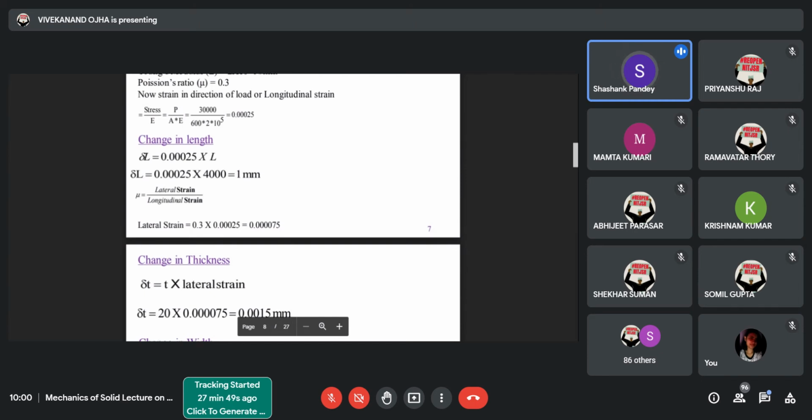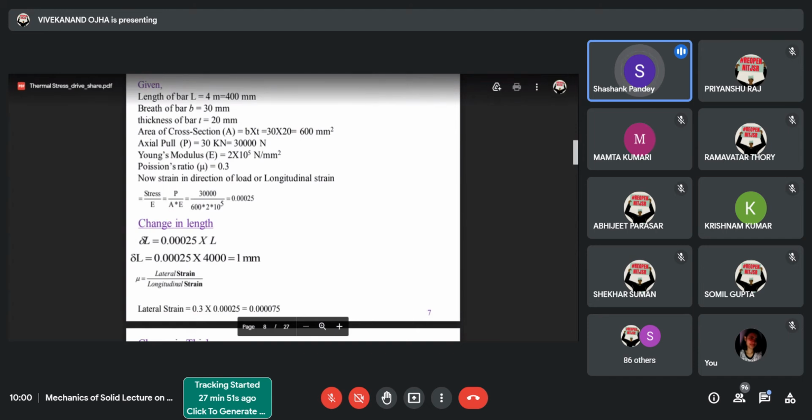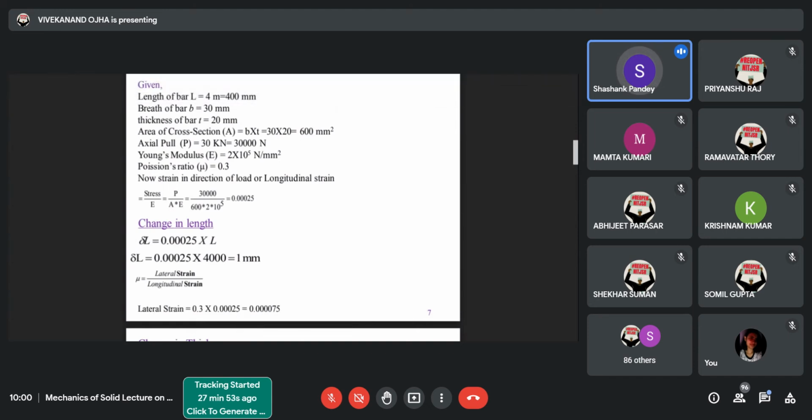We focused on two things: longitudinal strain, and second, lateral strain. Once we know the longitudinal strain and lateral strain, we can determine all the changes in the corresponding directions which we are asked: change in length, change in width, and change in thickness.